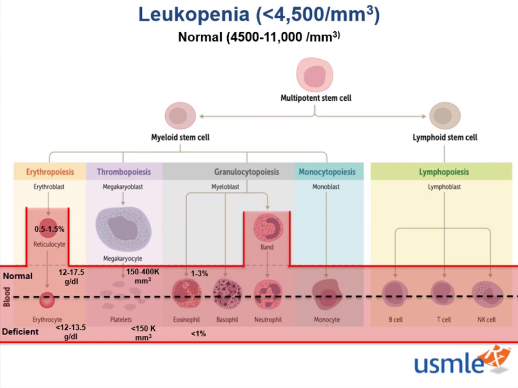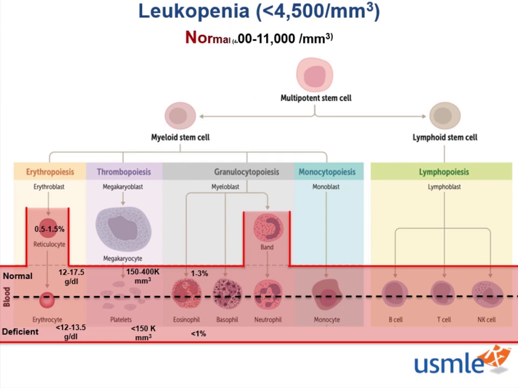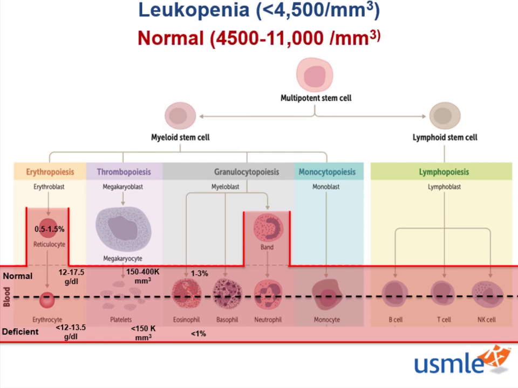In terms of white blood cells, normally eosinophils compose 1 to 3% of the normal white blood cell count, which means that eosinophils make up 1 to 3% of 4,500 to 11,000 white blood cells per cubic millimeter or microliter of blood, with deficiency being marked by less than 1%. Basophils normally only occupy 0 to 0.75% of that fraction, with deficiency being almost undetectable.